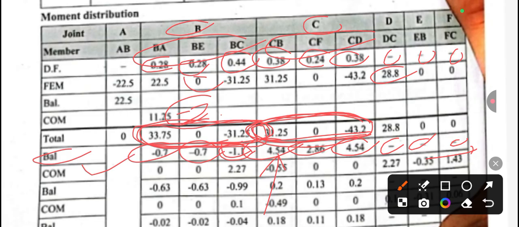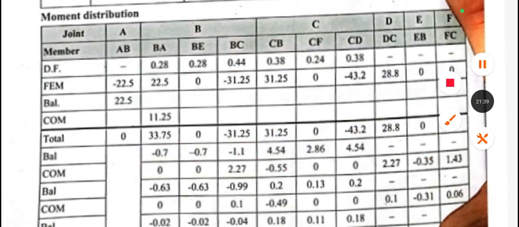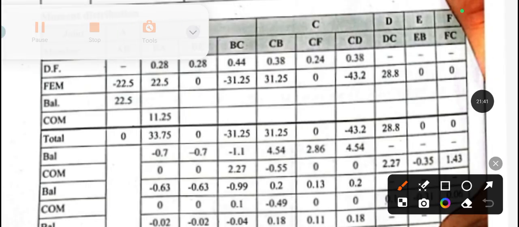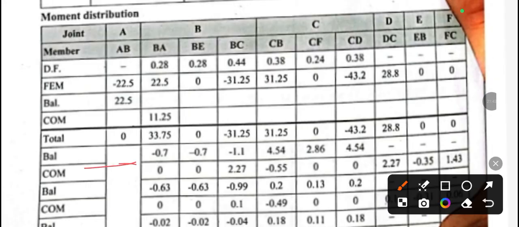As I said, in carryover moment the moment will always go half to the neighbor member. You can see for the carryover moment this will be BA, so the neighbor of BA is AB, so half of this will go to AB.